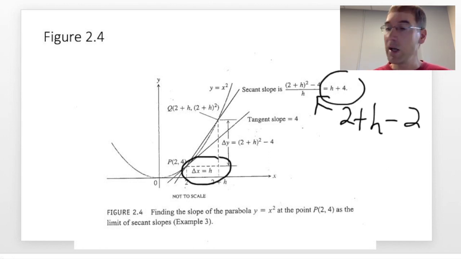Now we're going to let this point Q move along the curve toward our point P. And what's happening as we do that is this change in x, h, is getting smaller and smaller. In fact, we're letting h approach 0. So what happens to this quantity h plus 4 as h goes to 0? Well, it's going to approach 4. And that's the slope then of our tangent line.